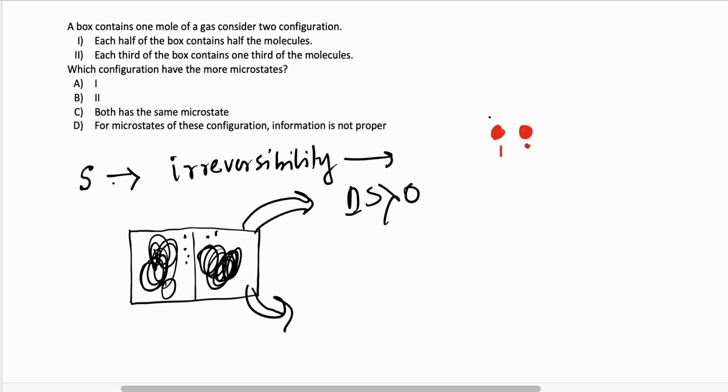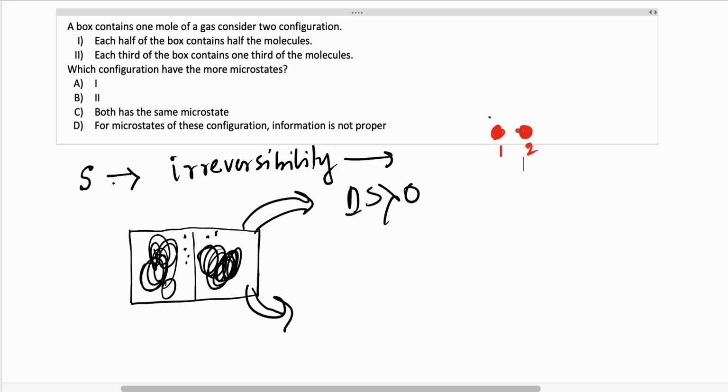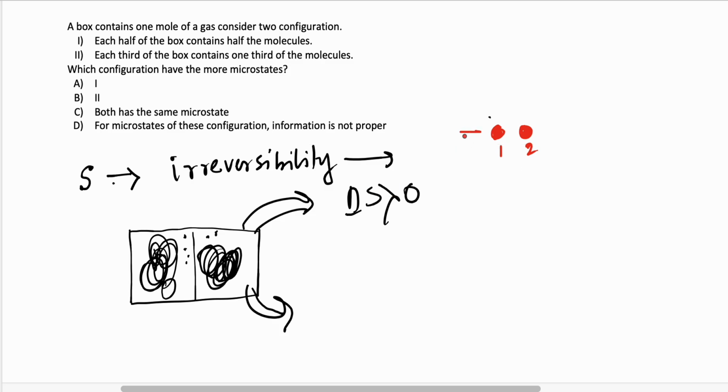If this is one in position 1 and this is in position 2, now if we just swap the positions of 1 and 2, they actually do not create any new microstate. That actually solved this Gibbs paradox, and Gibbs himself gave this explanation.